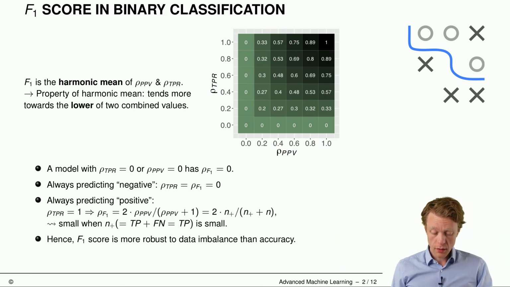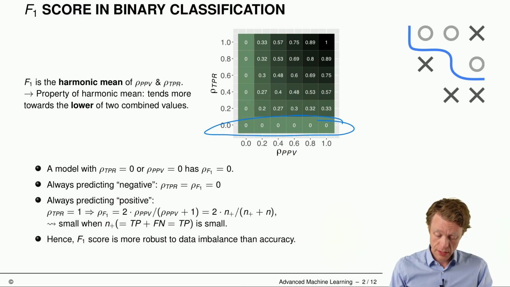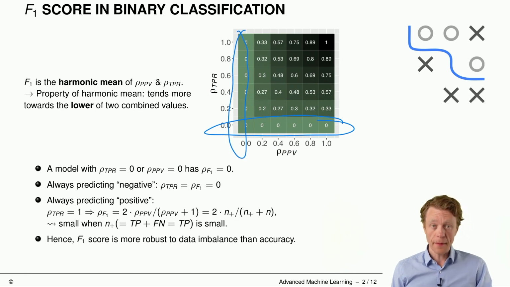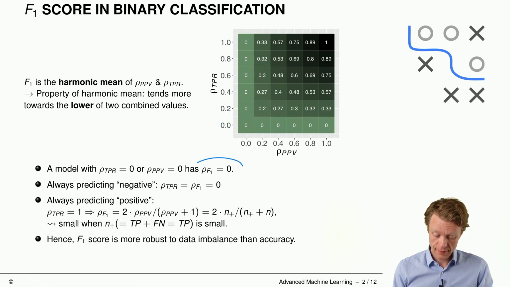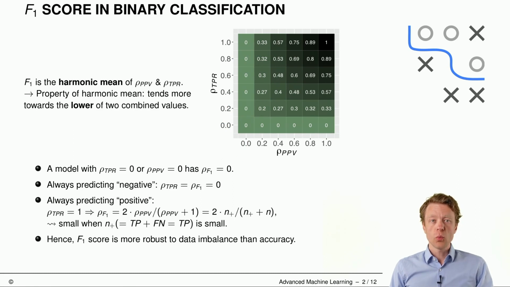If we have a model with TPR equals 0 or with PPV equals 0, then the F1 score is also exactly 0. Now, what happens if we perform some very non-informative classification? So, for example, always predicting negative.